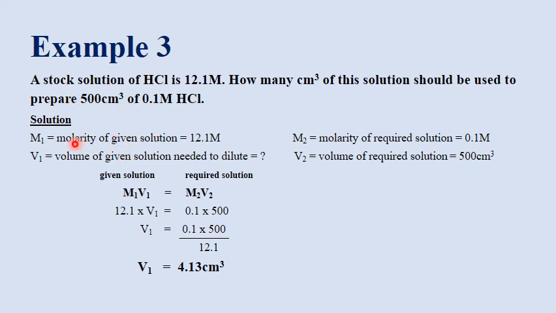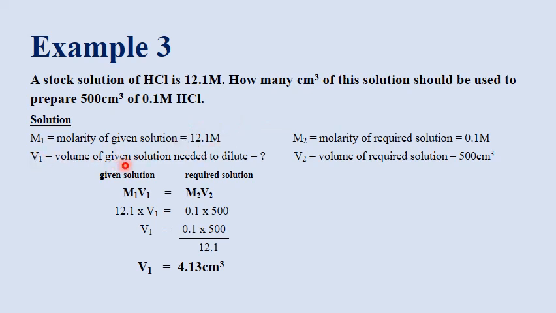Using the same method that we used previously, M1 is the molarity of the stock solution, which is 12.1 molar. M2 is the molarity of the required solution of hydrochloric acid, which is 0.1 molar. And we can see that the required solution has a lower molarity than the stock solution.